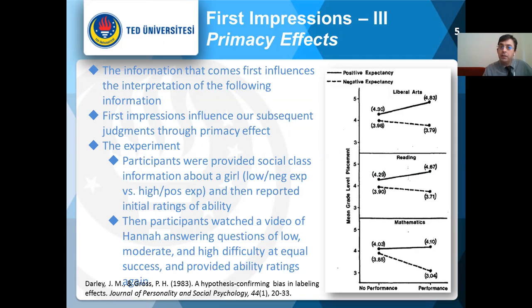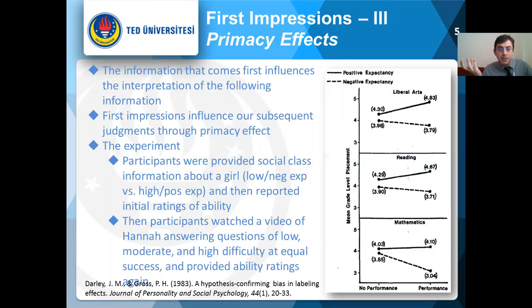They are working in low status jobs, earning less. So the socioeconomic status was lower, okay, for Hannah. So this was kind of creating a stereotypical belief or stereotypical schema in the mind of the participants. So they believed Hannah comes from an underprivileged or disadvantaged group.